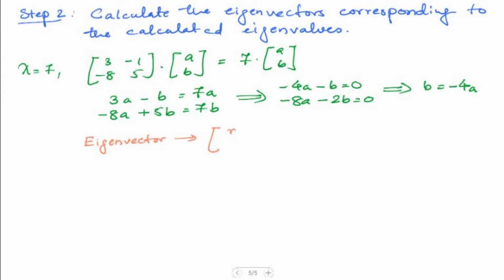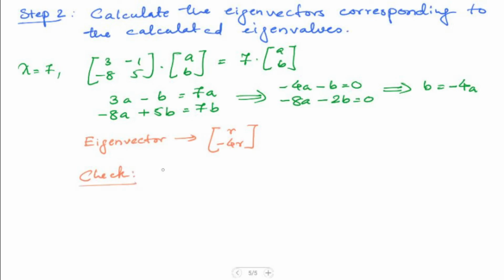In that case, b will be minus 4 times a, so it will be minus 4r here, where r can be any real number except 0, because if r is 0, then this will not be an eigenvector, because an eigenvector has to be a non-zero vector. If you put r equal to 0, then the whole vector is the 0 vector. We can check if our eigenvector is correct or not. Let's check.